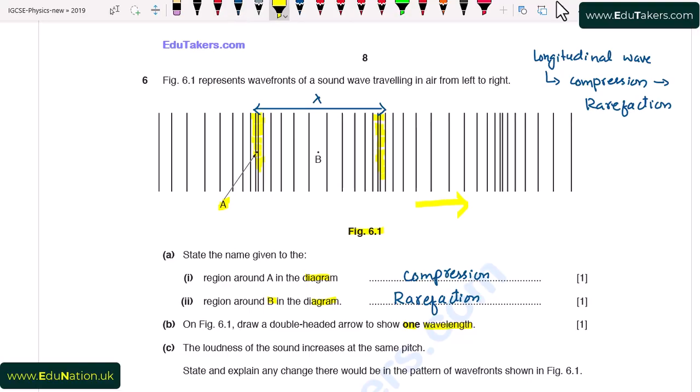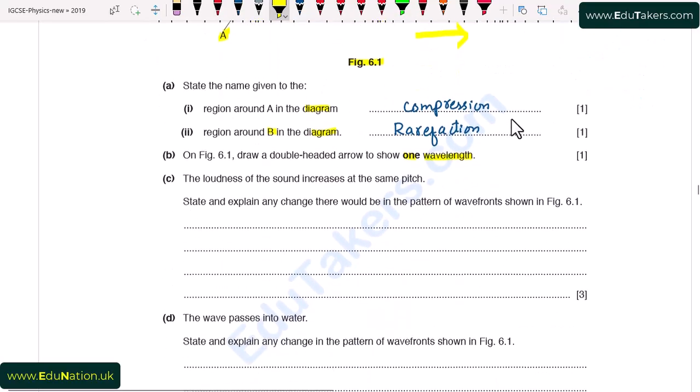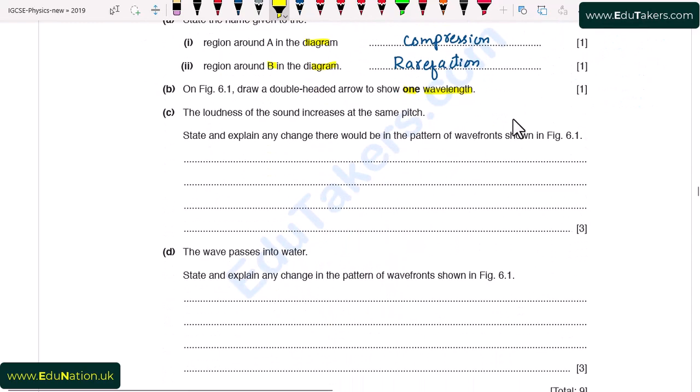Part C. The loudness of the sound increases at the same pitch. So there are 2 words, that is loudness and second one is pitch. Loudness increases but the pitch remains same. State and explain any change there would be in the pattern of wavefront shown in figure 6.1.